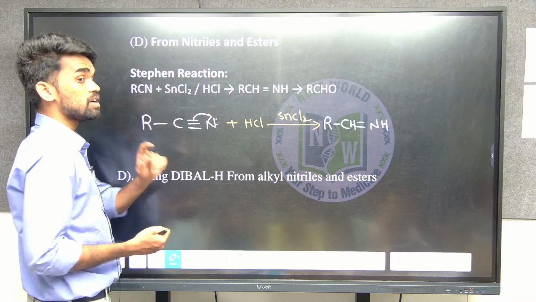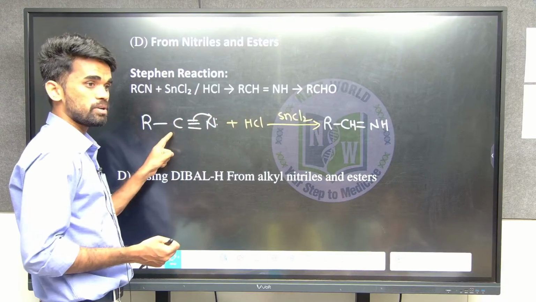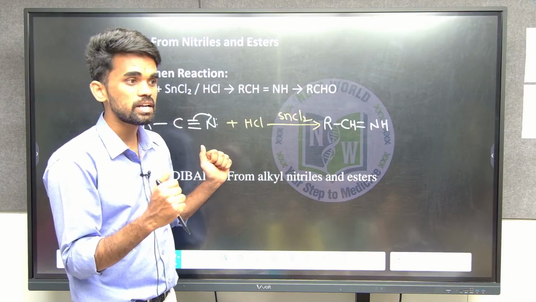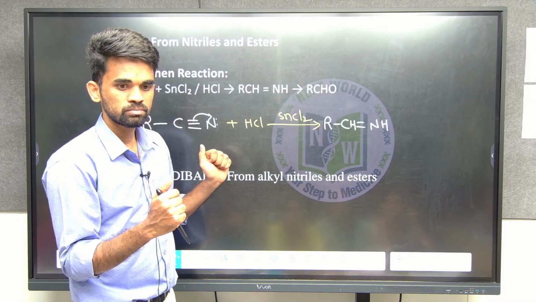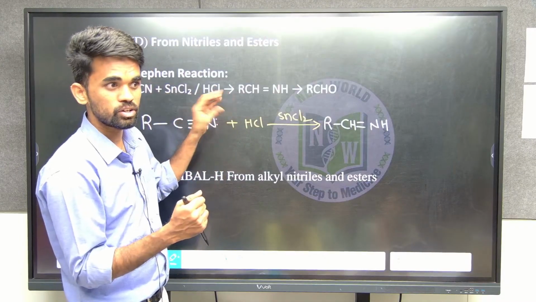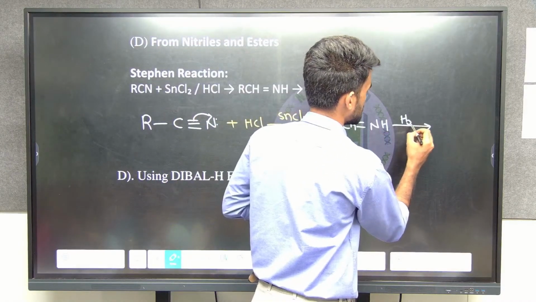See, for this what are you adding? Hydrogen. Addition of hydrogen to the carbon you are doing now. So addition of hydrogen means what? Oxidation or reduction? Reduction. So can I say Stephen reduction? Do you have any problem? No. Hydrolyze this.